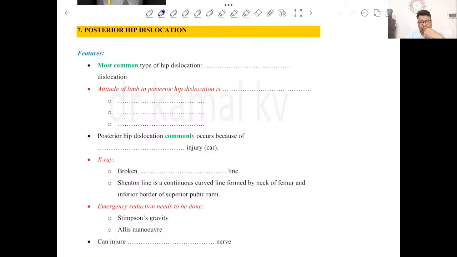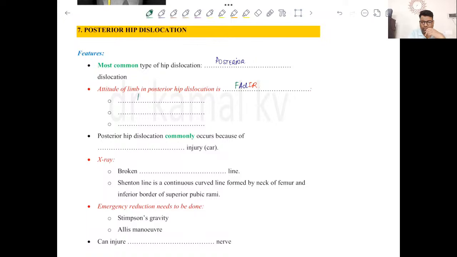Of all the types of dislocations, posterior hip dislocation is the commonest, and most of you must know the characteristic deformity of the lower limb in posterior hip dislocation. So that is FADIR. Clear? So that is the characteristic FADIR deformity.